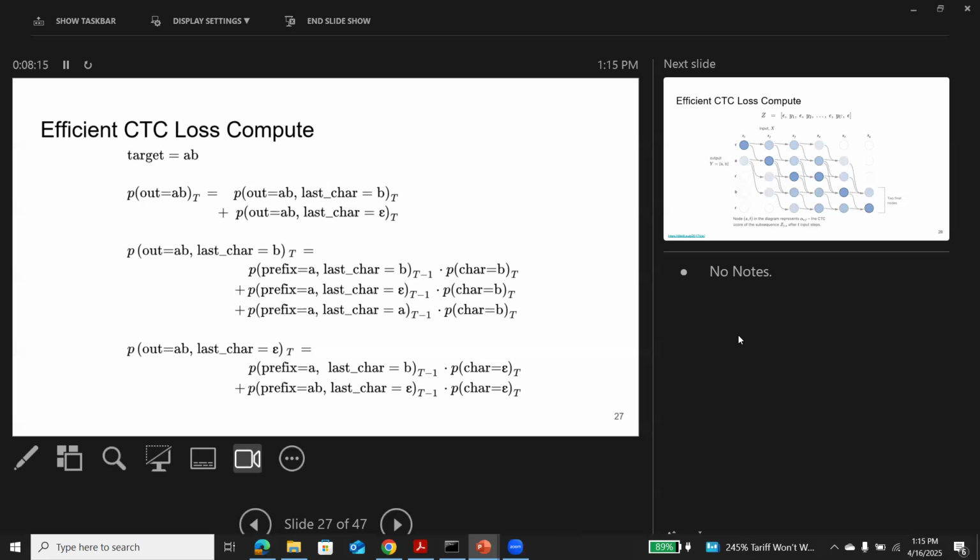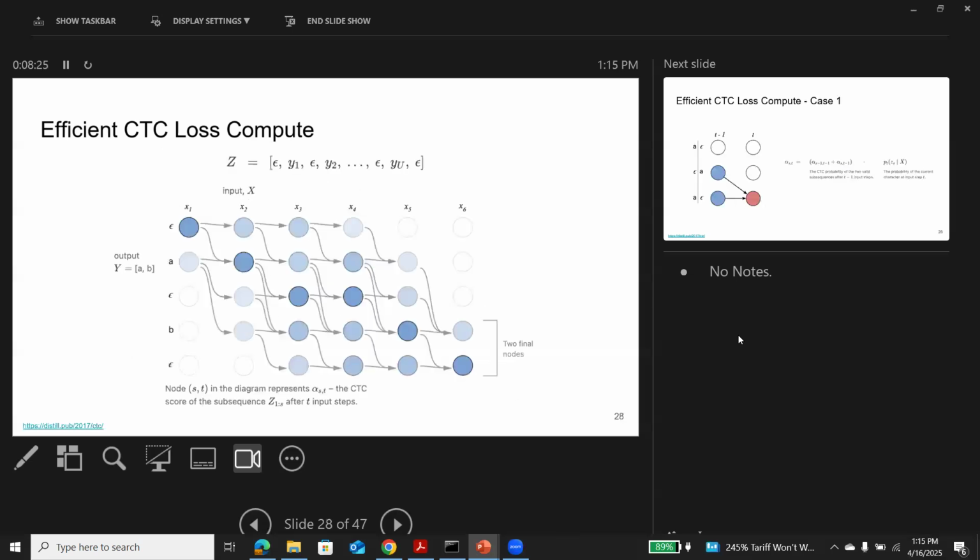Well, it's just to give you an idea of how we can compute these probabilities, and of course, we will use dynamic programming for that. So we will plot this graph.